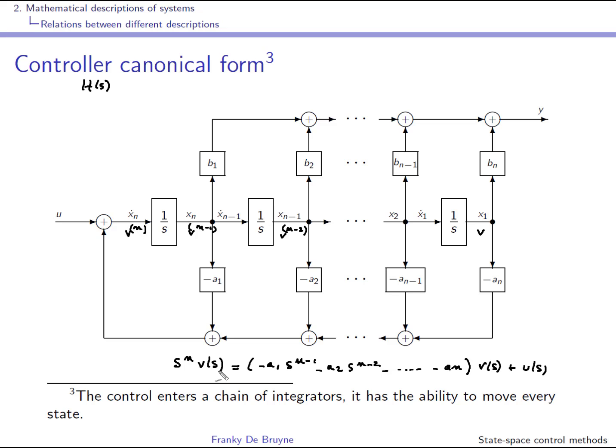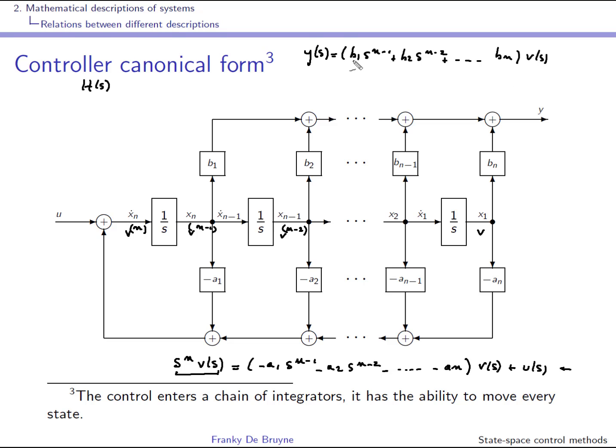So this equation is implemented by this operation here. This is the nth derivative, what is given over here: it's u and then minus a1 times the n minus 1 derivative, minus a2 times the n minus 2 derivative, up to minus an times v. Okay, so this equation, you can see it over here. The output was given by y of s equal to b1 s^(n-1) plus b2 s^(n-2) up to bn times v of s, right?